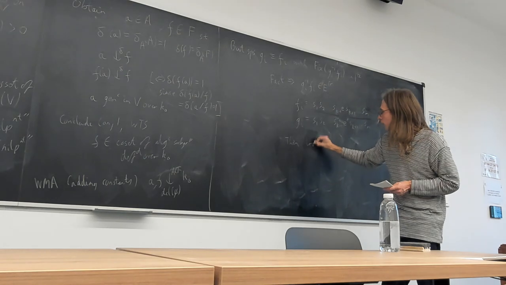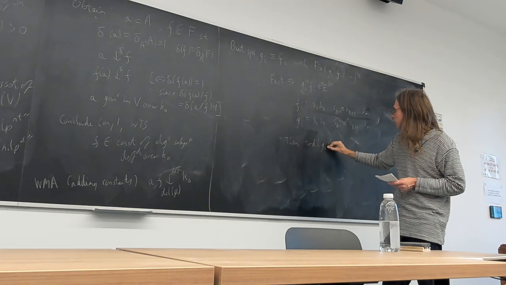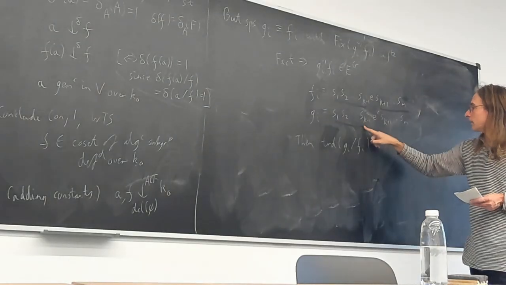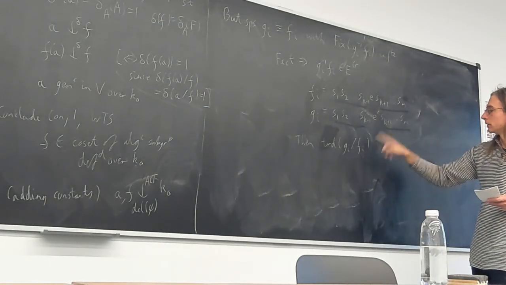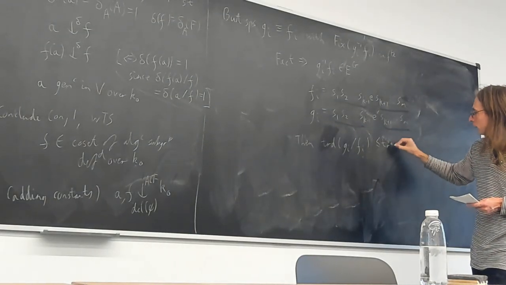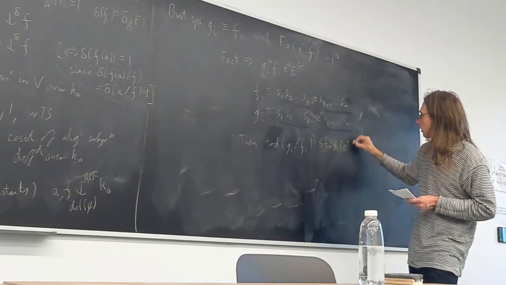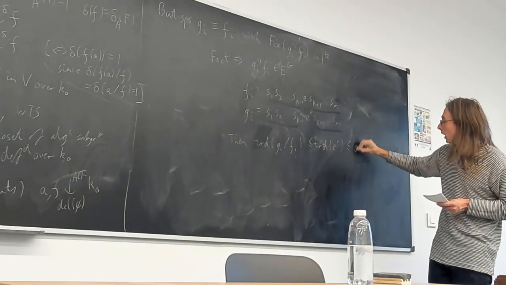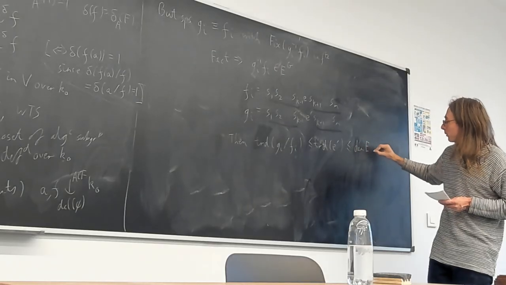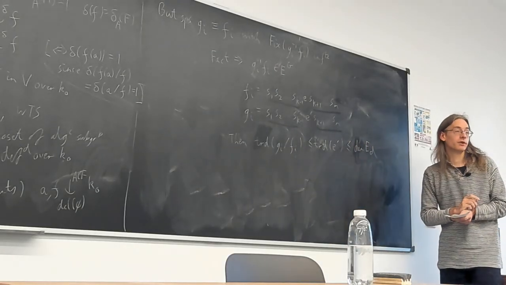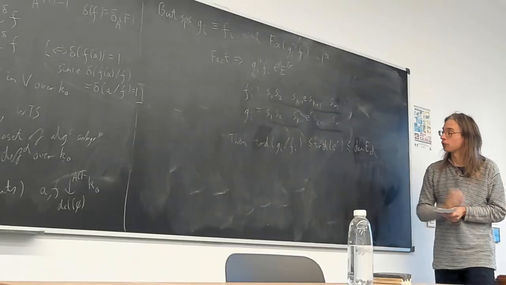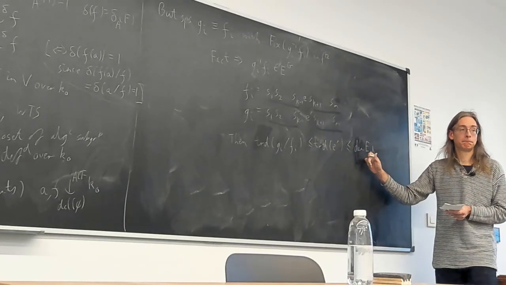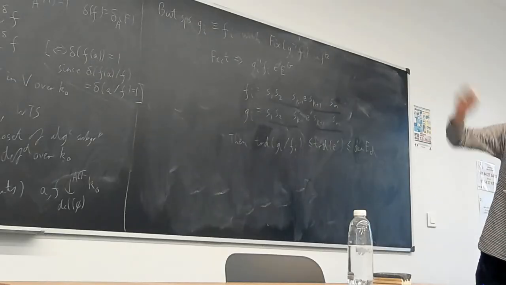So if we look at the transcendence degree of g_i over f_i, well, we have these from f_i, so this is less than or equal to the transcendence degree of e prime, and we were considering always words where the elementary maps involved were of degree at most d, so this is at most the dimension of E_d, which is some fixed finite number, depending only on the original f.